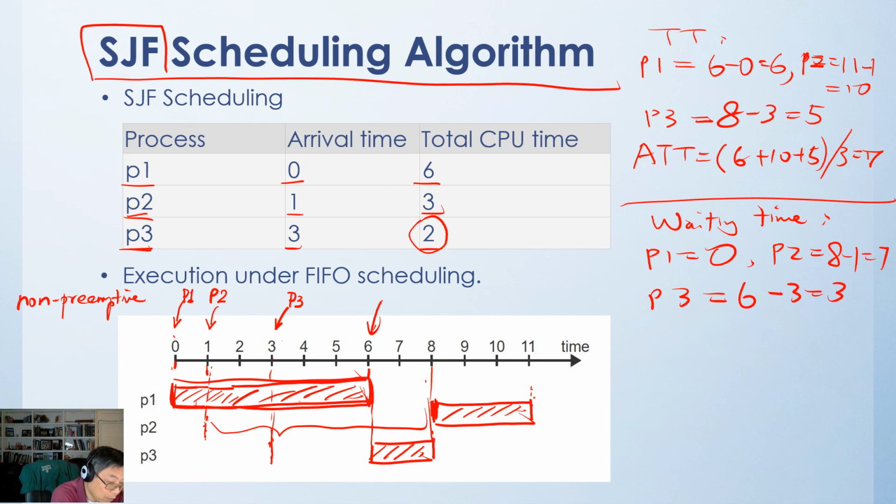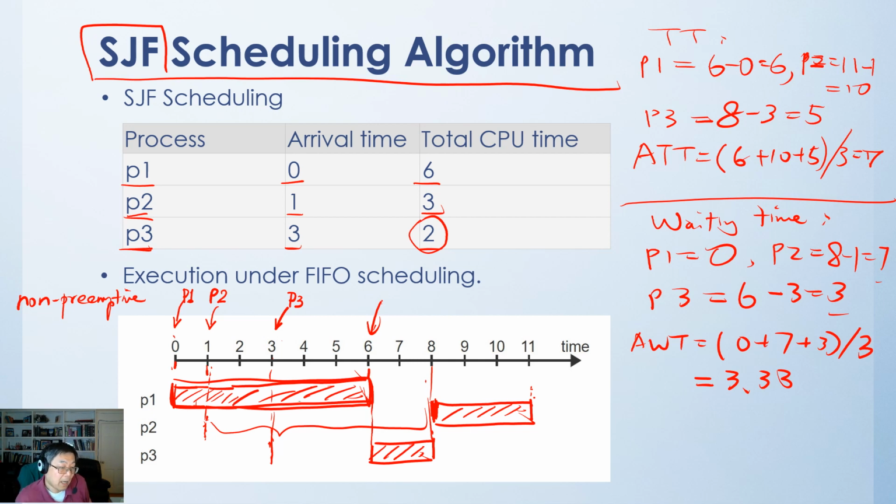So what's the average waiting time? It's 0 plus 7 plus 3 divided by 3. Okay. Now the average waiting time is also improved over the FIFO.